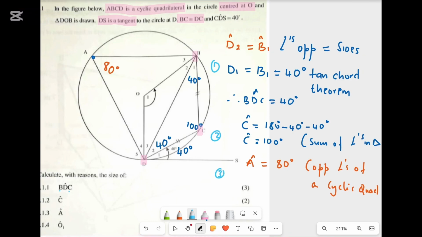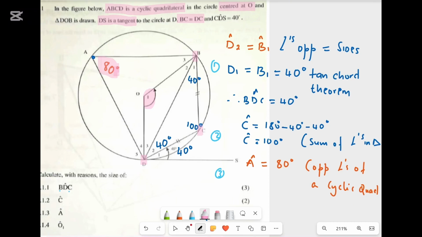And then the last question here, we are required to calculate angle O1. So here is angle O1, angle at the center. So remember, angle at the center is equal to 2 times angle at the circumference. So now, if angle A is equal to 80 degrees, that means the one that is at the center is twice as much.